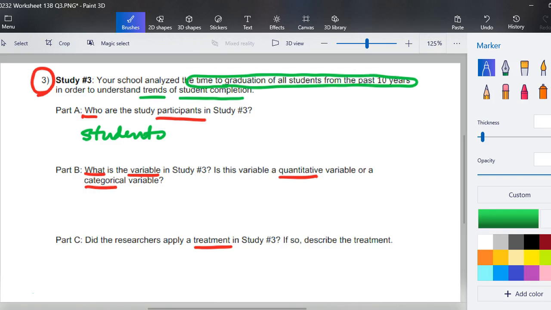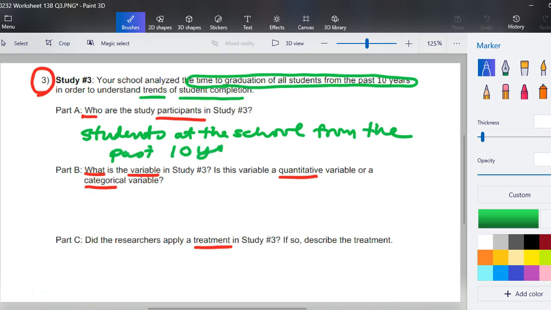We don't know the name of the school, but students at this school, in particular students from the past 10 years. So that's a mouthful, but that's the who that we'll be studying, or who they studied.